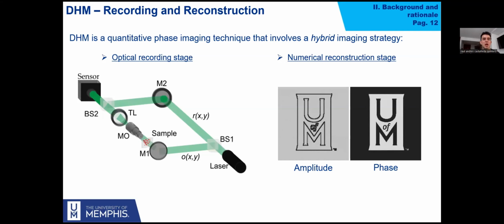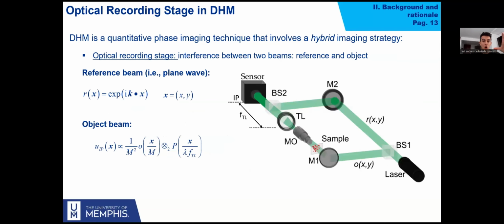So let's continue with the background, a short background about digital holographic microscopy. DHM is considered a hybrid imaging strategy, basically because DHM is composed of two stages. The first stage is the optical recording of the hologram, and the second stage is the numerical reconstruction. For the recording, an optical setup is necessary, for instance, a Mach-Zehnder interferometer.